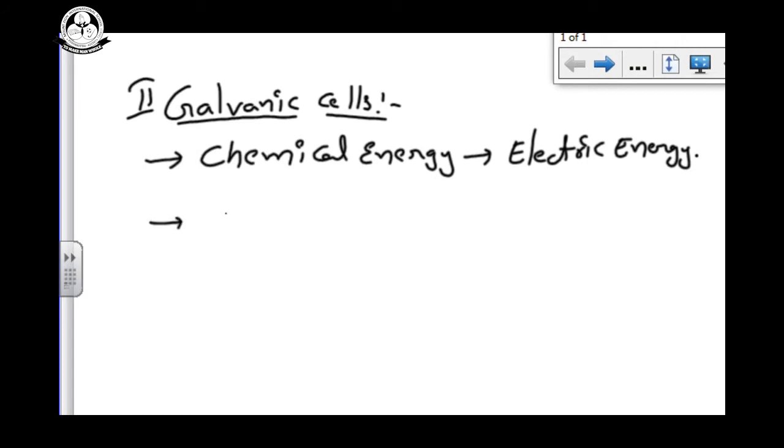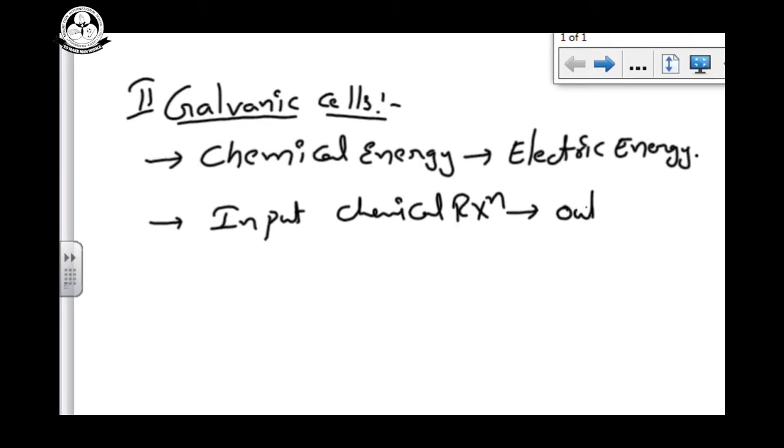Means here the input you are giving is a chemical reaction and the output is electric energy. If the chemical reaction is done, then electric energy will be released. So whether it is a spontaneous or non-spontaneous reaction.